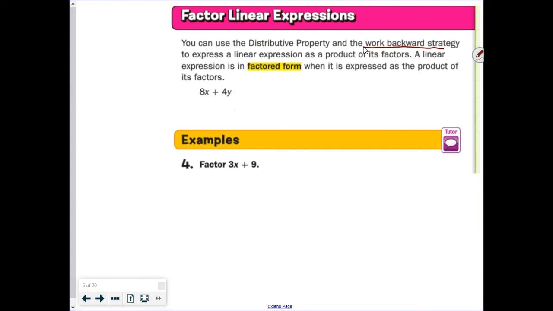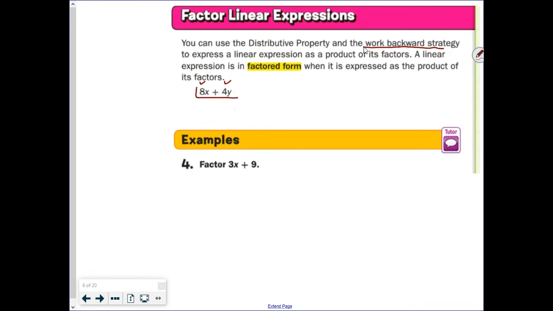So take a look at 8x and 4y and ask yourself, what is the greatest common factor of 8x and 4y? What is the largest number that will go into both of them? Hopefully, you can see that 8 and 4 are both divisible by 4.